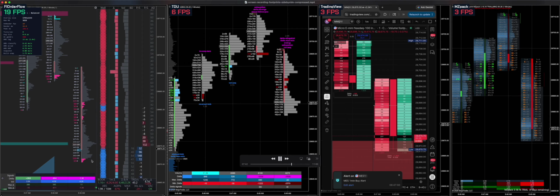Look at the profile updates in real time, right? You don't get that on any of these other footprints because of the intentional rendering delay. You just cannot see it.